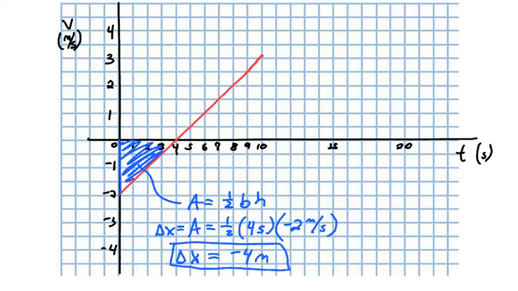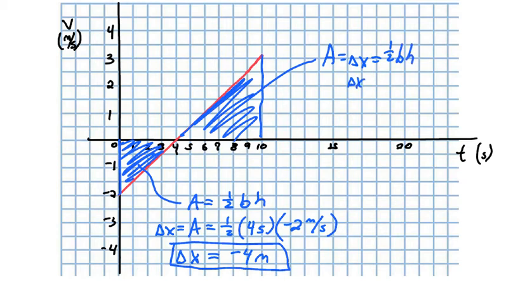What if we want to know for the whole 10 seconds? Well, we still break it up into parts that are above the axis and parts that are below the axis. For the part that's above the axis, I'm looking at this area now. The area on that one, which is equal to displacement still, is 1/2 base times height, because it's a triangle we're dealing with. So that displacement will be 1/2 times our base from 4 to 10 seconds, which is 6 seconds.